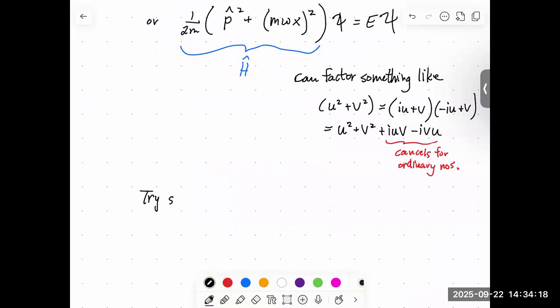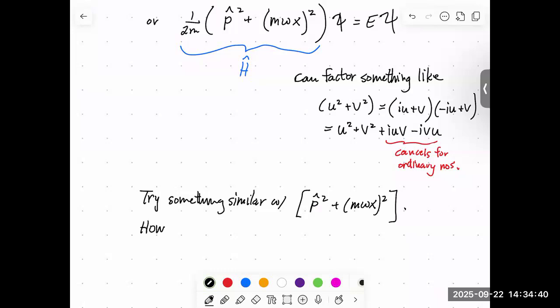So we're going to try something similar. Whoops. Similar with, okay, the part that I want to work on is p hat squared plus m omega x squared. However, we're going to keep in mind that this p hat is proportional to a derivative with respect to x, and it is an operator.